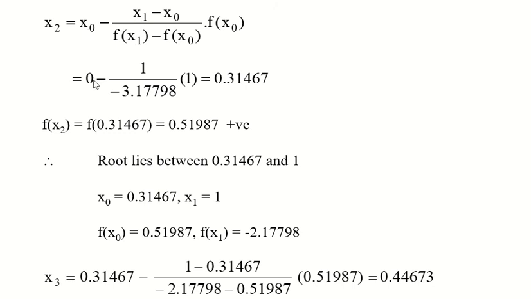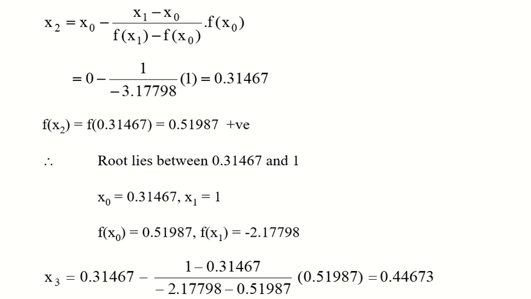Substitute x0 minus x1, that is 1 minus 0, which is 1, divided by f of x1 minus f of x0, which I simplified and written here, into f of x0. f of x0 is again 1. Simplify this by using your calculator. 0.31467. Okay, so this is your x2, the first approximation.